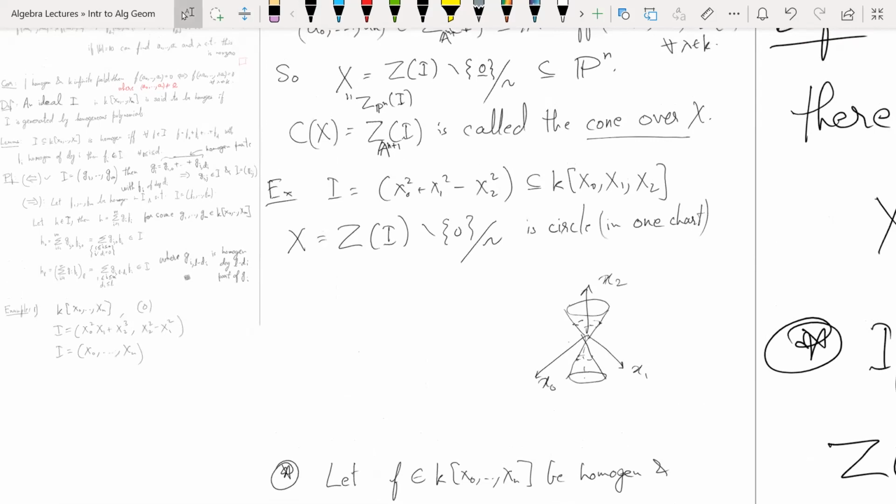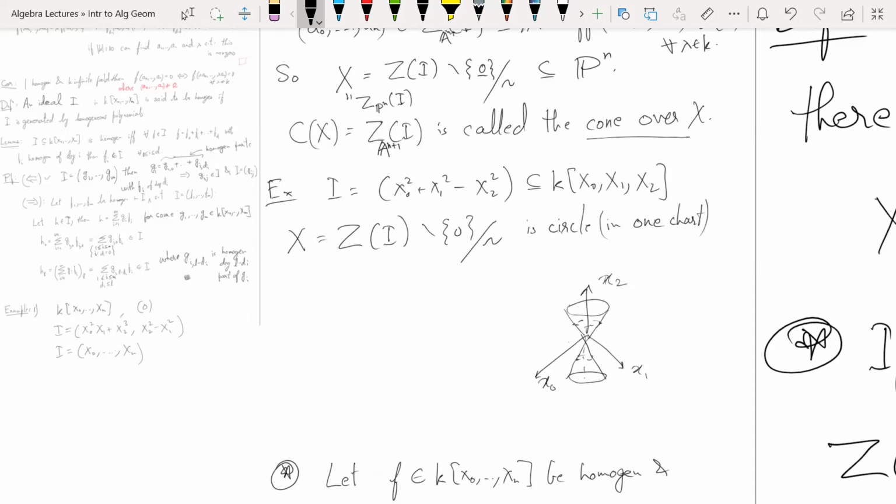So a cone over something means that you have some picture in A2 in some plane, and you think of this A2 as a part of A3 and you connect it to the origin and draw all the lines. So that is what a cone over something is.